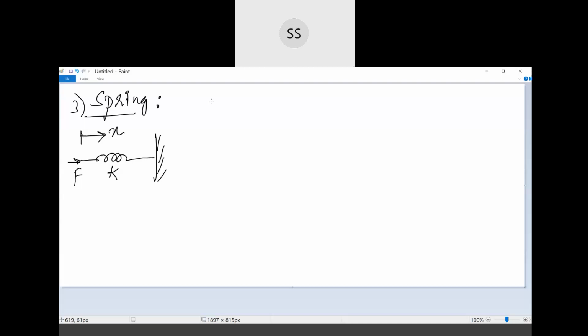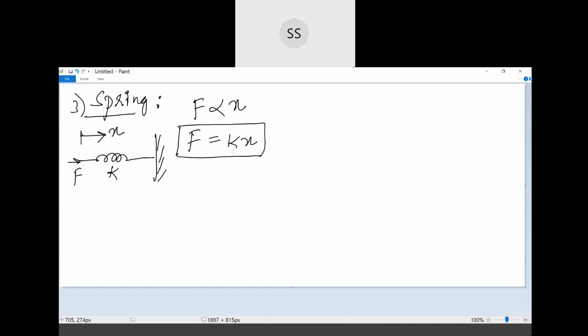So whenever you apply F, it will be proportional to X. The spring will offer an opposing force proportional to the displacement of the body, or F is equal to K into X, where K is the spring constant. With what speed the spring comes back when you release the force depends on the spring material also. That constant is represented by K here.